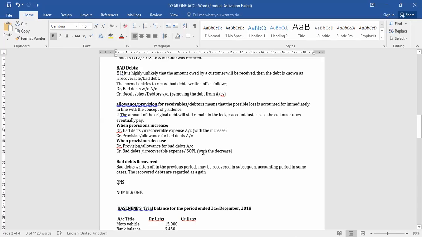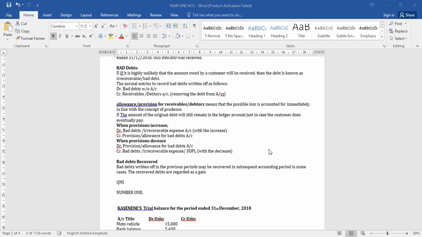Just in case, as we shall see in one of the questions, in the trial balance they may have provided in the previous year, and now in this current year also providing.